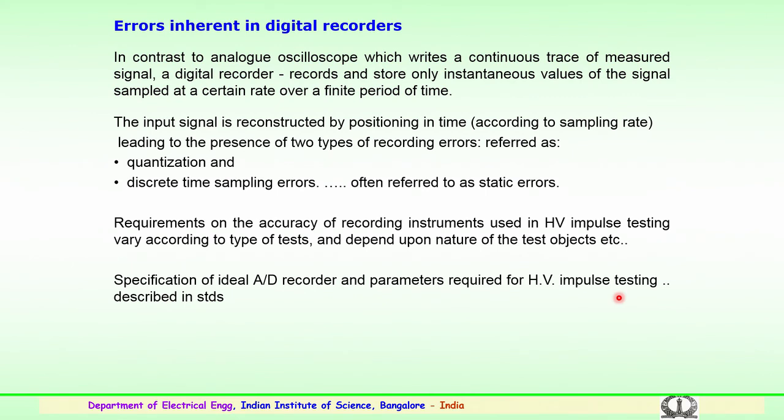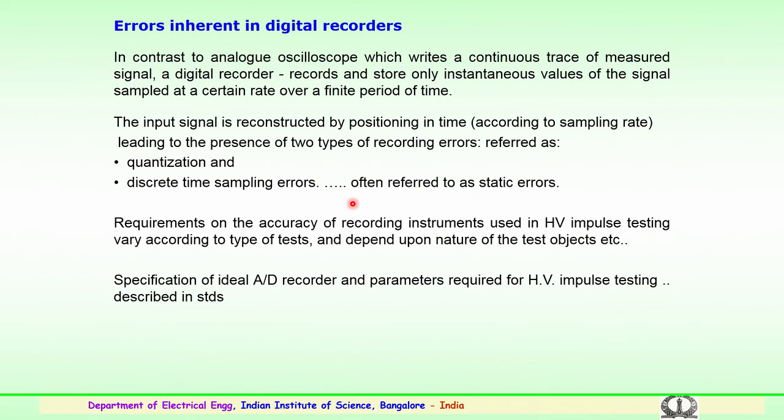So, the input signal is reconstructed by positioning in time according to the sampling rate. This leads to two types of recording errors, generally referred to as quantization and discrete time sampling errors. These are often referred to as static errors.